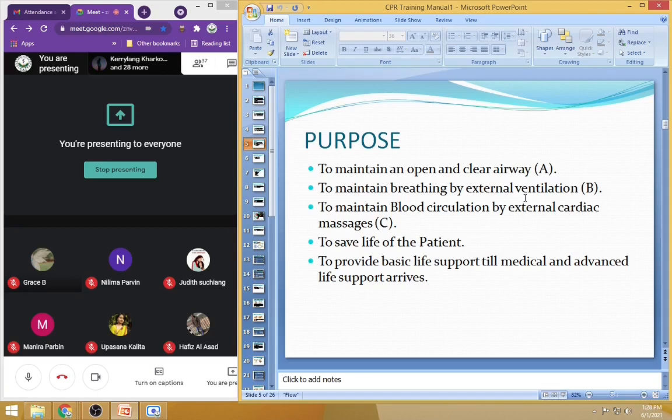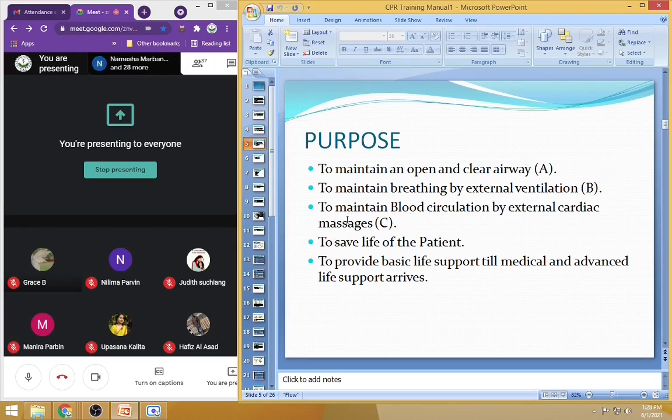If there is something wrong with the respiratory tract or the ventilation is not proper, then externally we have to provide it. And C is to maintain blood circulation by external cardiac massage. If the blood circulation in the heart is not proper, we will do it externally. That is called C.